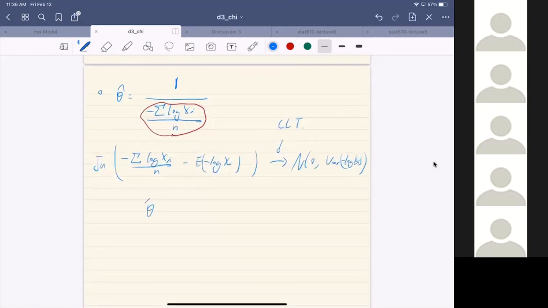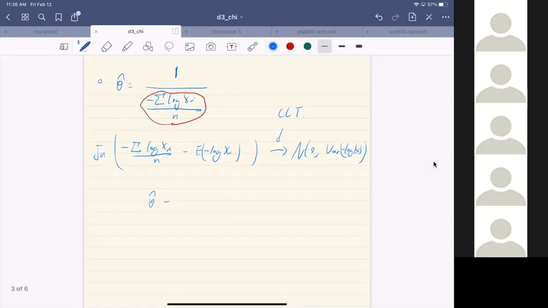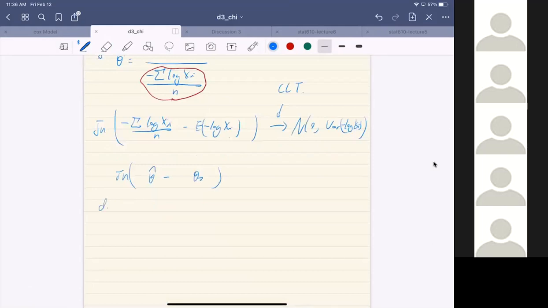But if we want to find this theta hat minus theta 0, we can use the delta method.